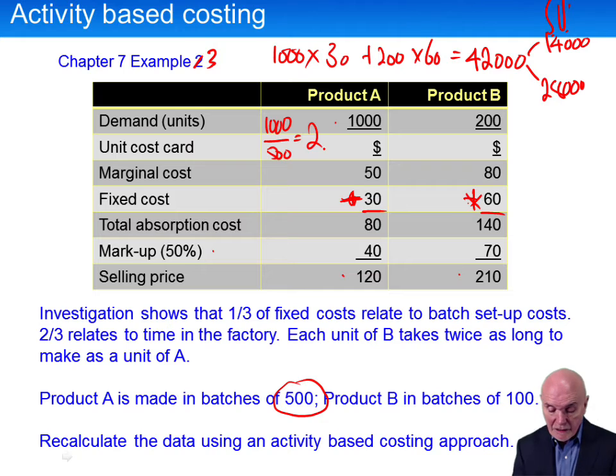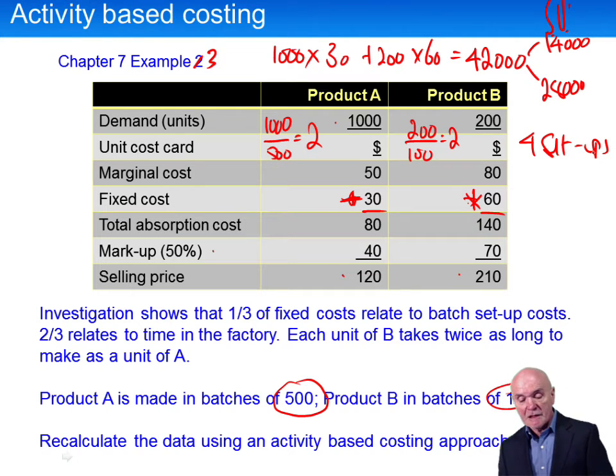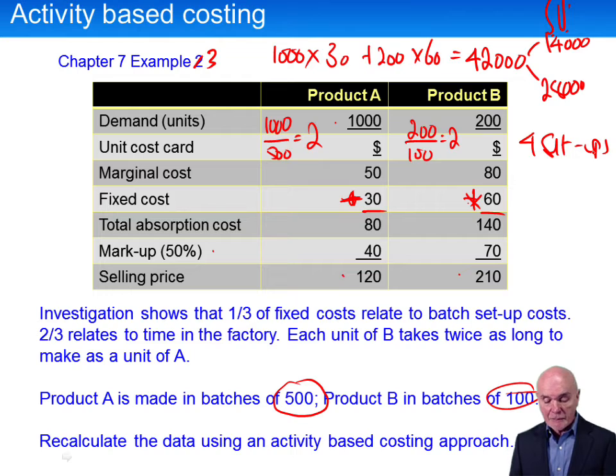B, we end up with 200 of those produced, and they're produced in batches of 100, so there's going to be 2 of those as well. So all told, there are 4 setups. 4 times where we have to stop a production line, rejig it, and set it up. And these are causing the setup costs of 14,000.